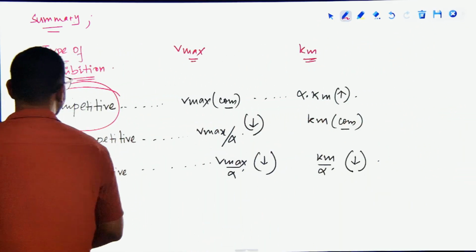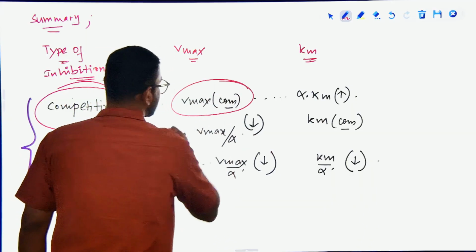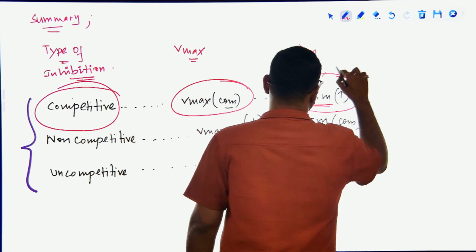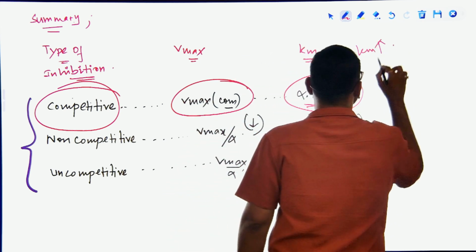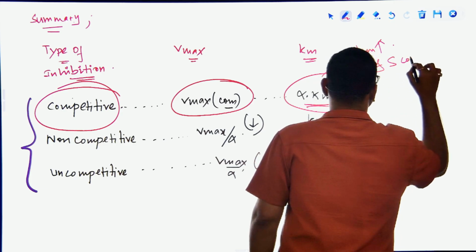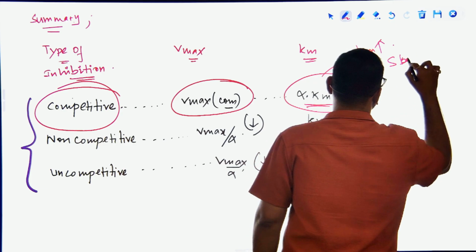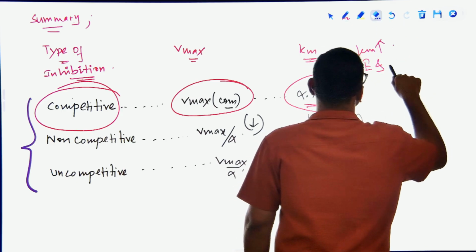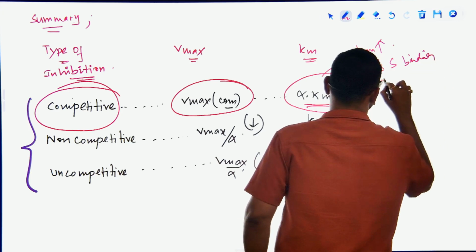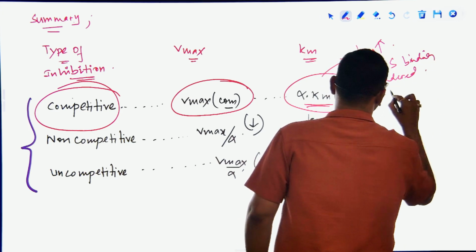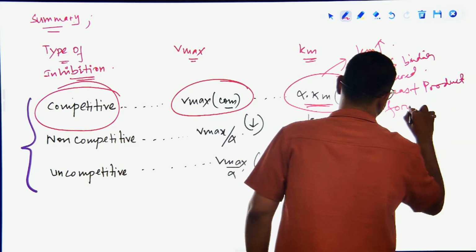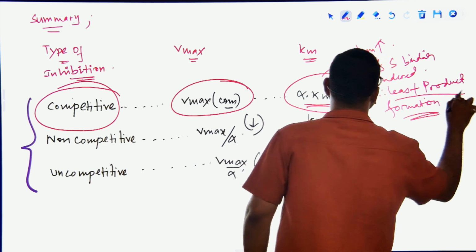When it comes to competitive, Vmax is constant, and Km is increasing by a factor of alpha. Therefore, enzyme and substrate binding is hindered, so there is least product formation. Pretty easy concept.